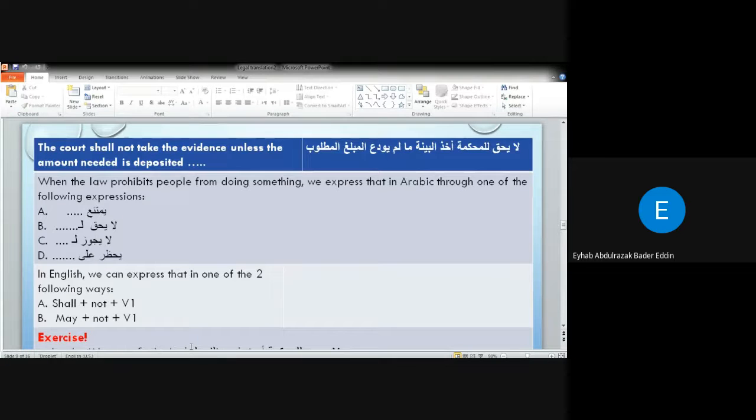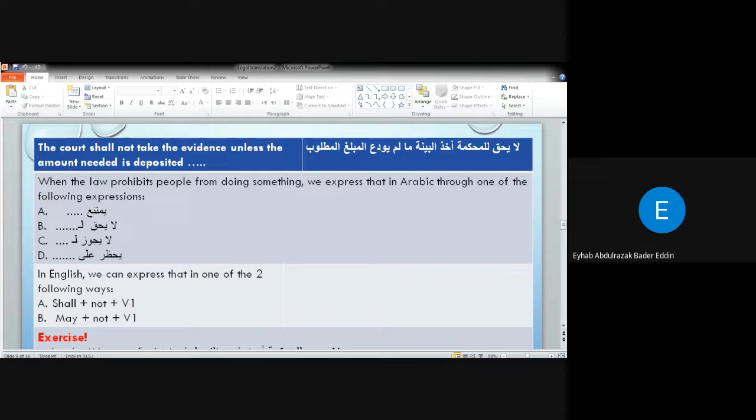So we translate this: when shall is followed by the negative particle not, we translate it as لا يحق أو لا يجوز أو يحظر على. Again, let me remind you that we look for the verb, which is shall not take.